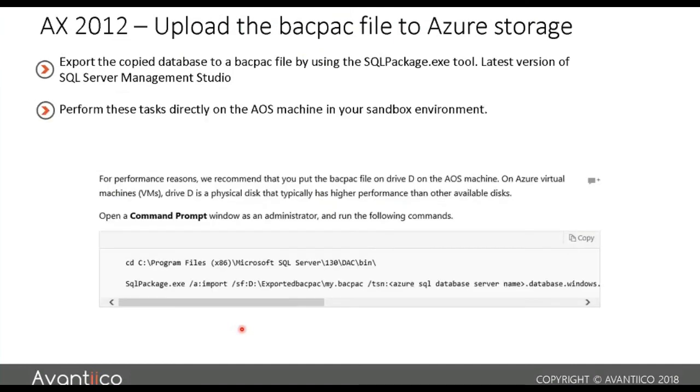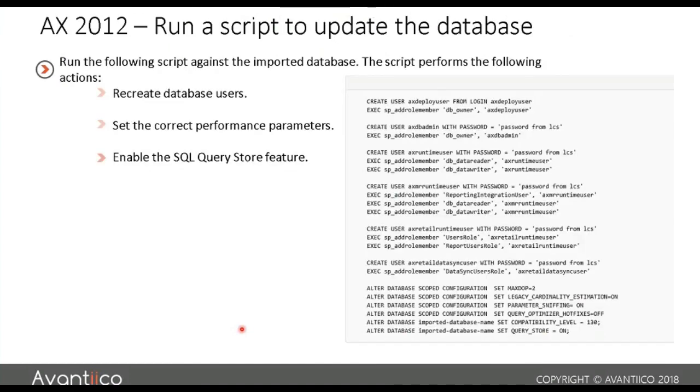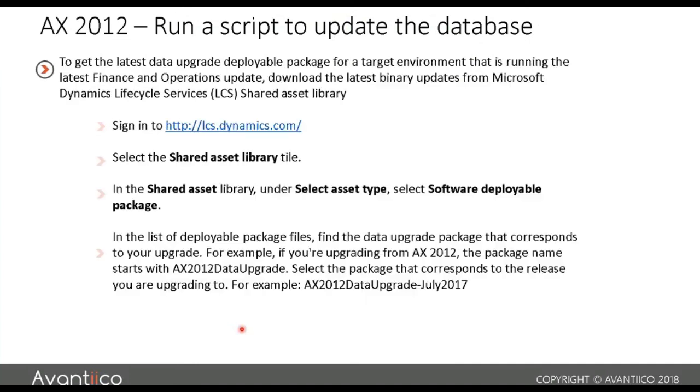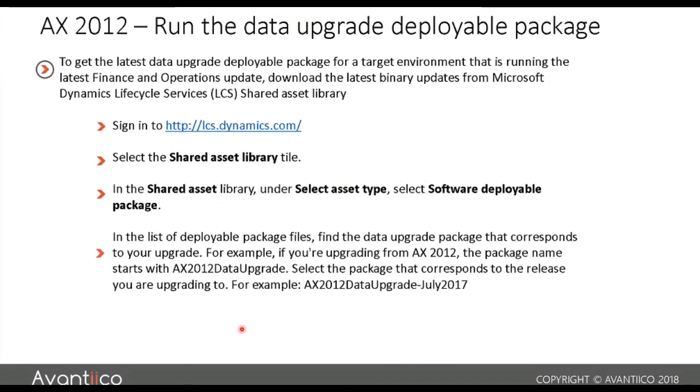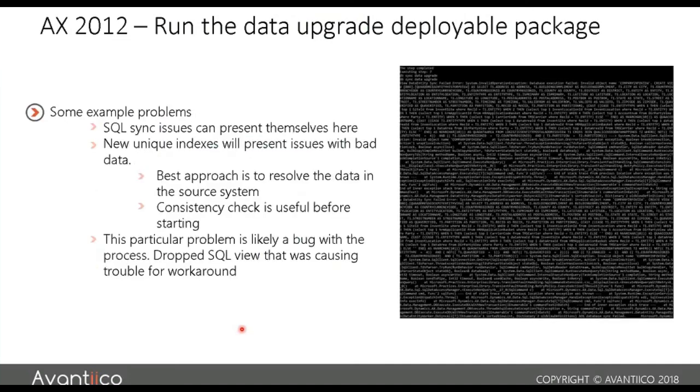You would run a command line to import that into the Azure Blob storage. And then you'd run some final scripts to set some parameters and some database options, recreating the database users. And then, of course, you run the data upgrade scripts. These are from LCS. You download those and you run those, just like we talked about in the previous slide.